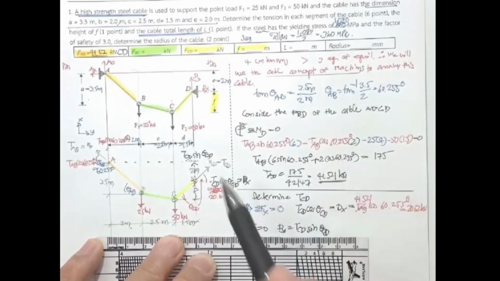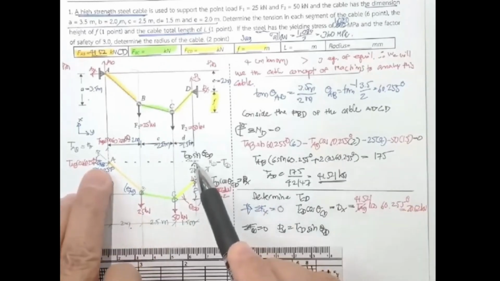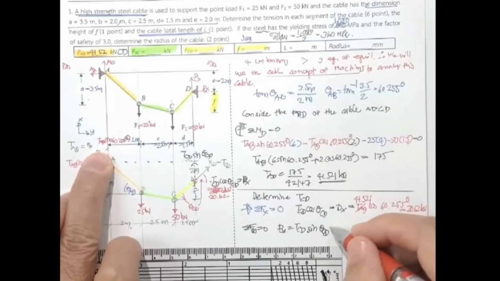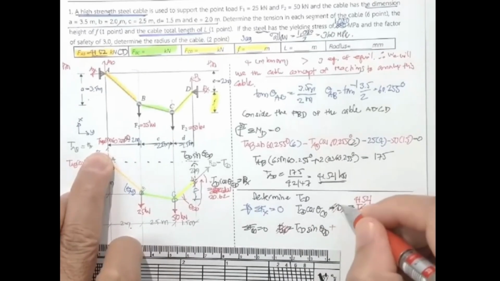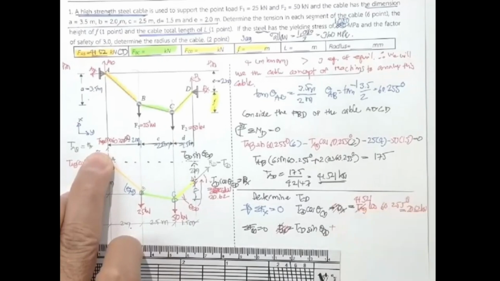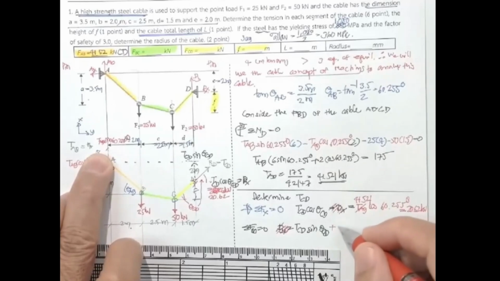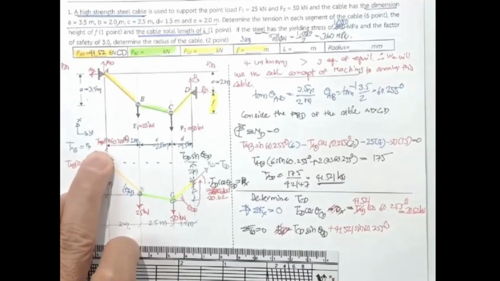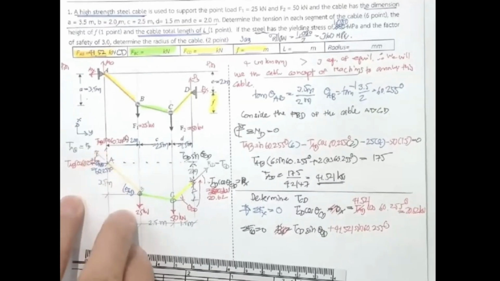Then you can combine it. Let me take this one out to make you less confused. Then this is plus 41.521 and sine 60.255 degree upward, and then is equal to this 25 plus 50.